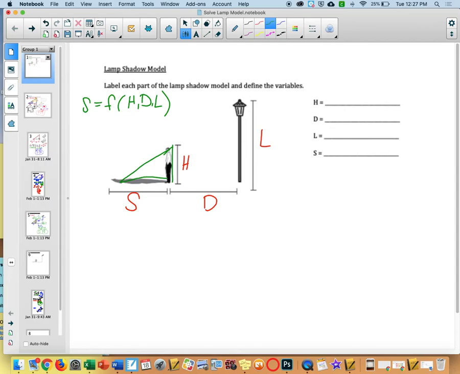I'm going to draw these triangles in without my slate. So again, this person is forming a right triangle. So we have the little triangle, and now with the large triangle, we have the top of the light extending down. So now we have two triangles.